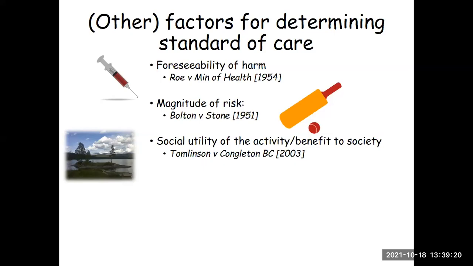So the question then is, what would have been expected? And it looked as if the only option for the Congleton Borough Council would have been to actually stop people using the lake altogether, even going so far maybe as to fill in the lake so that people can't use it. So when this got to the Supreme Court, the court said, well, no, you don't want to do that.